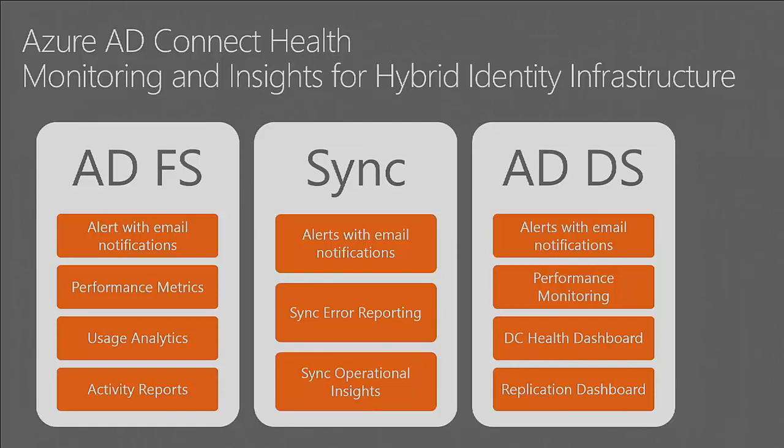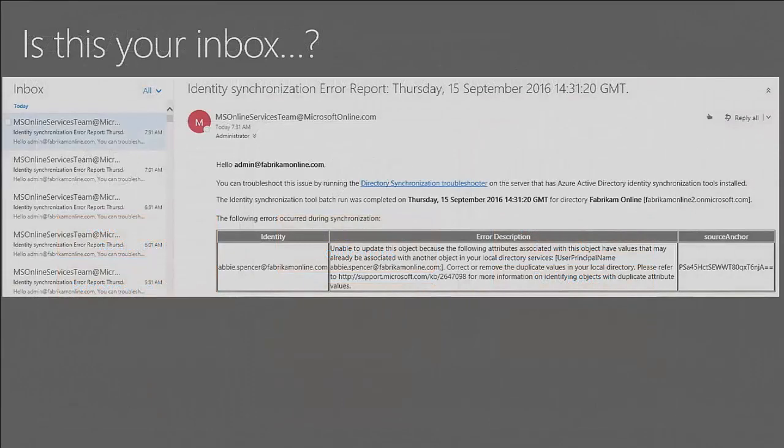A common feedback we've seen: do you have emails like this? Today, if you have some kind of data problem, every time you synchronize, you will get an email saying, here are all the errors you have. And you'll get one of these every 30 minutes because it's the default schedule. And if you have quite many of these, it can be hard to read through all these emails and try to figure out, hey, what is the problem?